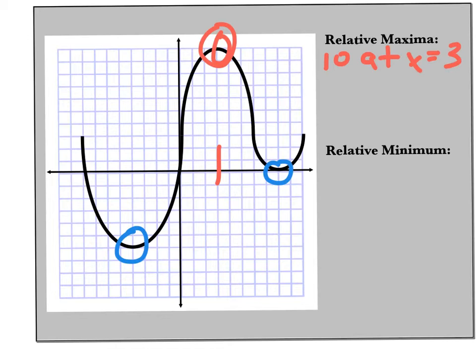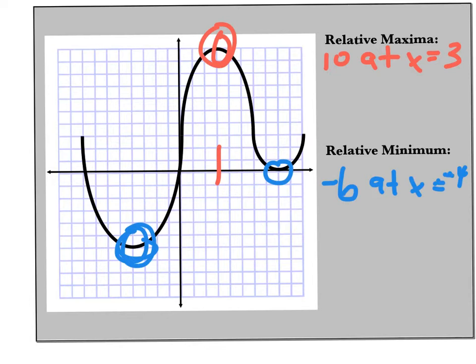Then we can look at the relative minimum. We have two, and we have to describe both of them. So the first one, let's do the one on the left. Doesn't really matter what order you do it in. But first, look at the y value of that point. The y value is down at -6, so our minimum there is -6, and it happens at x equals 1, 2, 3, x equals -4.